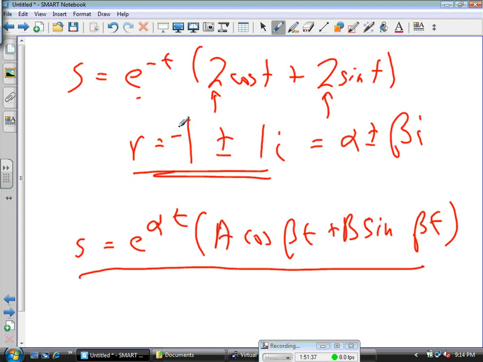He got an alpha which was positive. Is that a good thing? No, because if alpha is positive, your amplitude doesn't decay. Do you want to be on a bridge that has an insult of some sort, a big wind, and it starts oscillating, but instead of dying down, it does this?